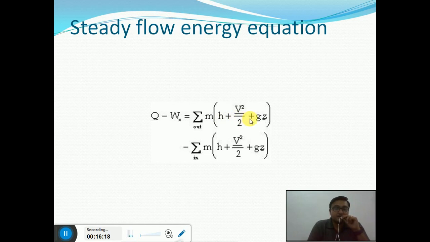If the outlet section energy minus inlet section energy are combined together, it becomes delta E. Delta E means E2 minus E1, where 2 is the outlet section and 1 is the inlet section. So this is the steady flow energy equation as per the first law of thermodynamics.